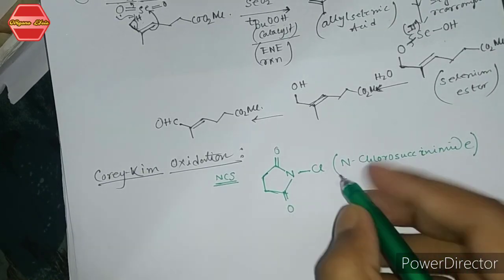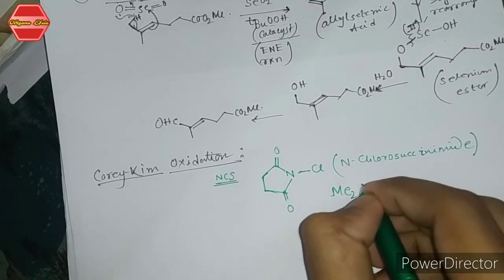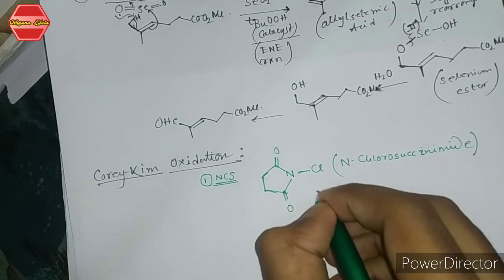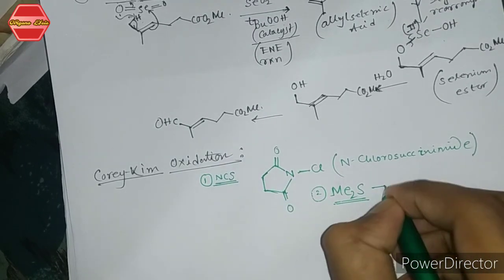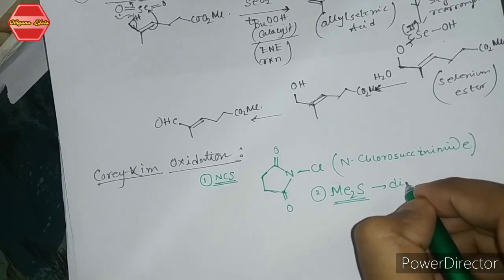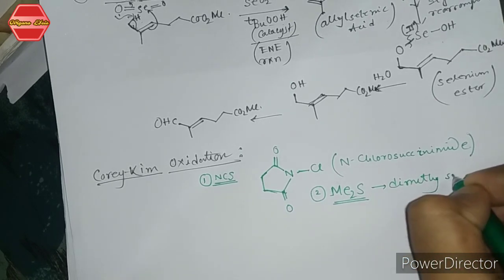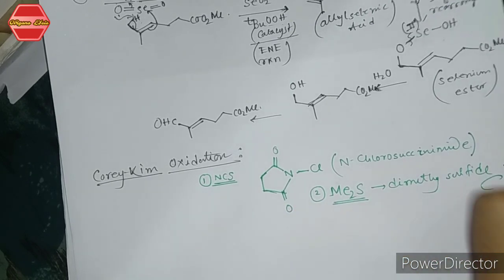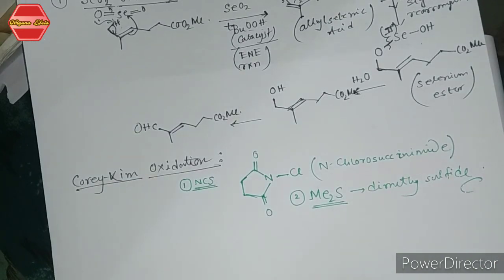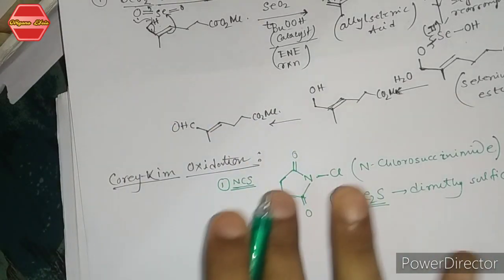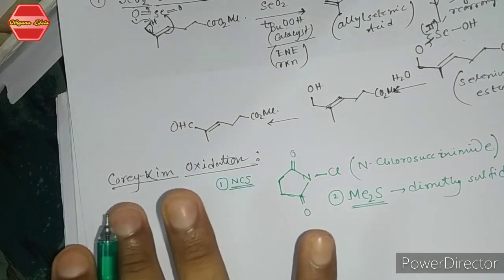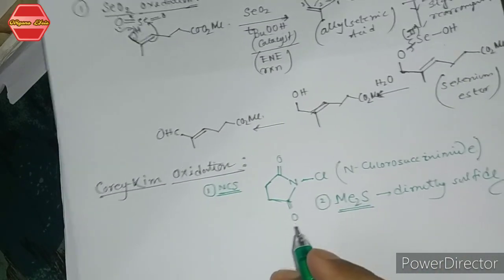There is also another reagent used, that is Me2S. This is 1, this is 2, Me2S, that is called dimethyl sulfide. Okay, another thing is that different types of solvent like toluene, DCM are used in this reaction.